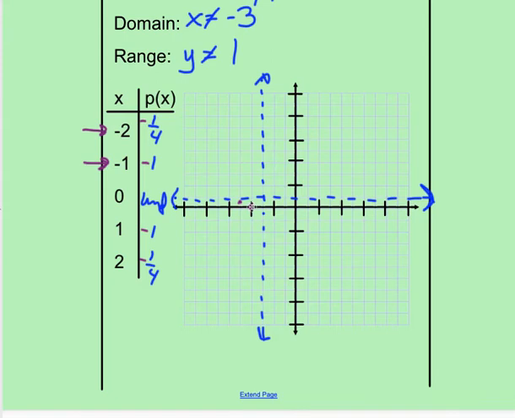And again, using those asymptotes to sketch the curve. And this curve is more sharp than the hyperbola, but it's kind of hard to tell with our scales. Right 1, down 1, and then right 2, down 1/4. So it gets closer to those asymptotes faster is what happens.